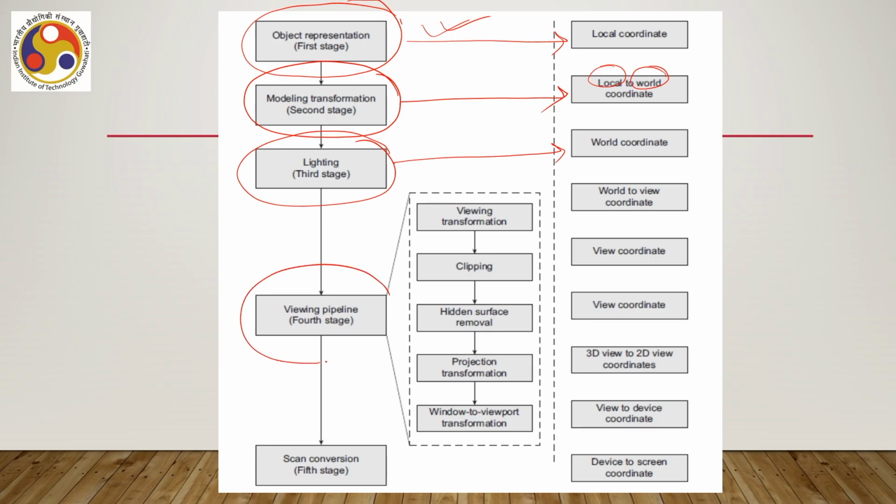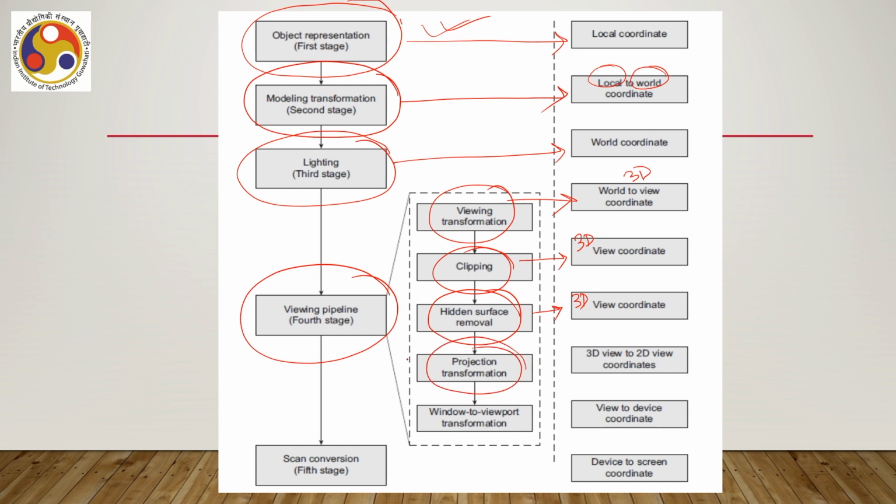Then we have the fourth stage, that is the viewing pipeline, containing several sub stages starting with viewing transformation, where again we transform from world coordinate system to a 3D view coordinate system. This is followed by clipping, an operation taking place in the 3D view coordinate system, followed by hidden surface removal, another operation taking place again in the 3D view coordinate system.